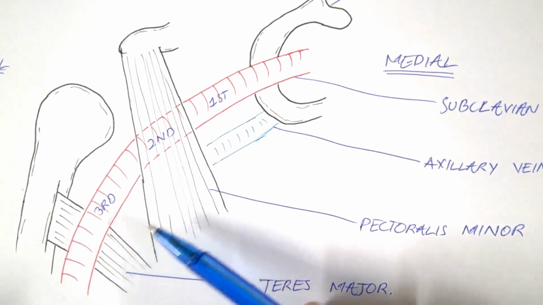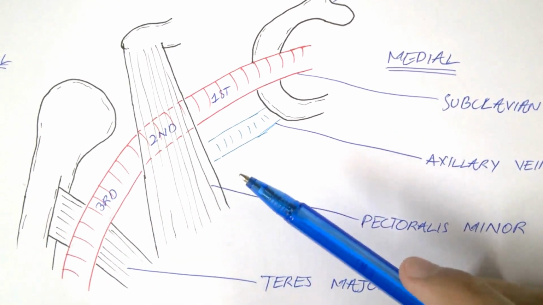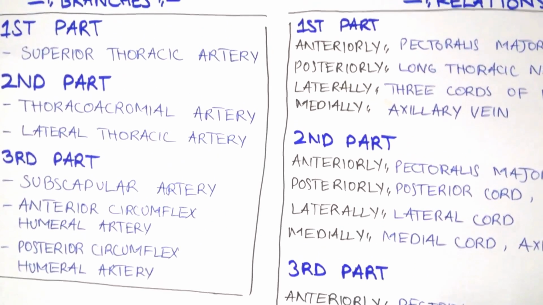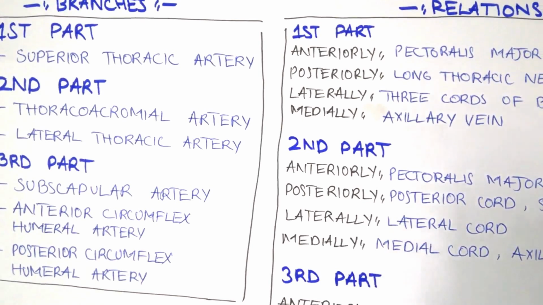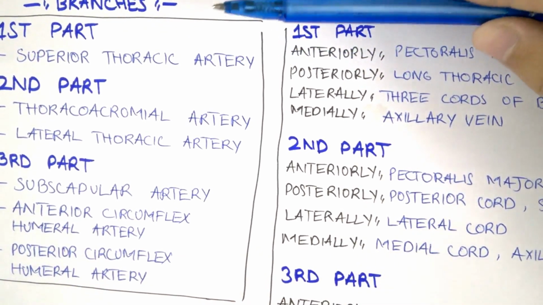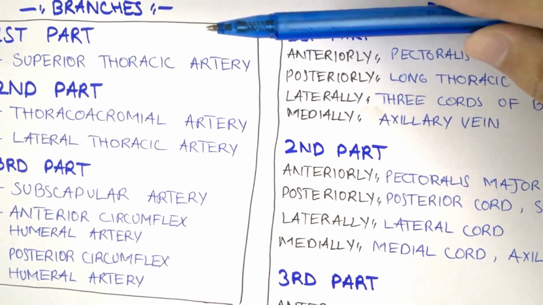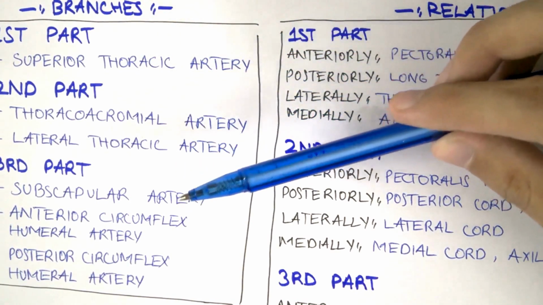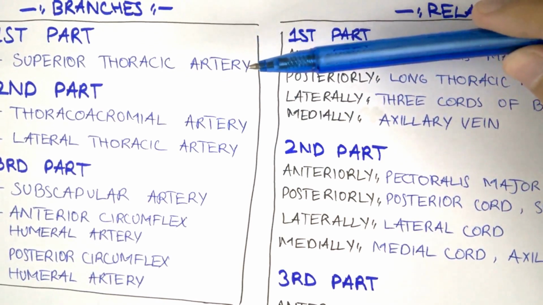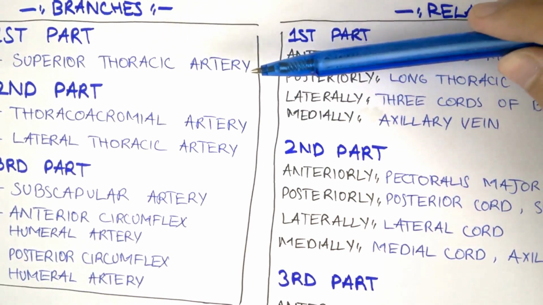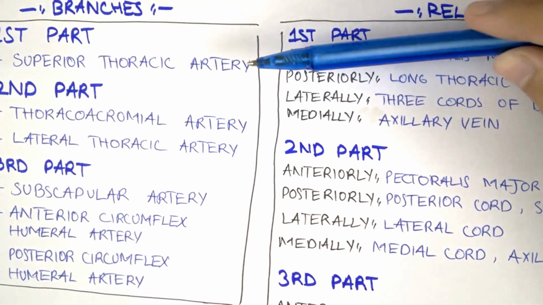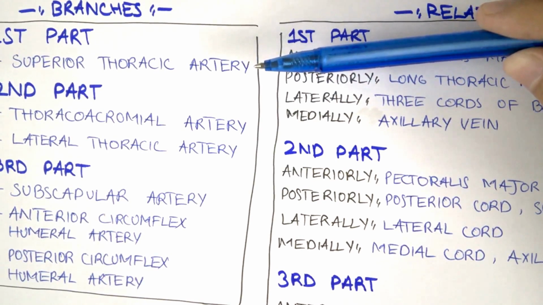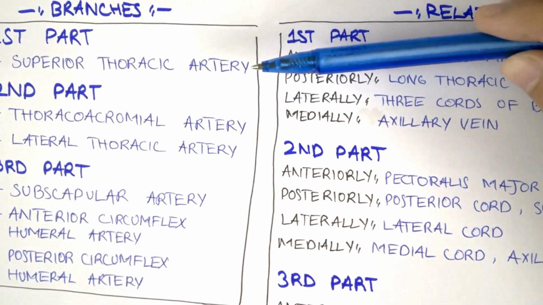Okay, now that we've done the parts of the axillary artery, let's look at the branches. Now the first part of the axillary artery has one branch, the second part has two branches, and the third part has three branches. The first part has only one branch, and it is the superior thoracic artery, also known as the highest thoracic artery.